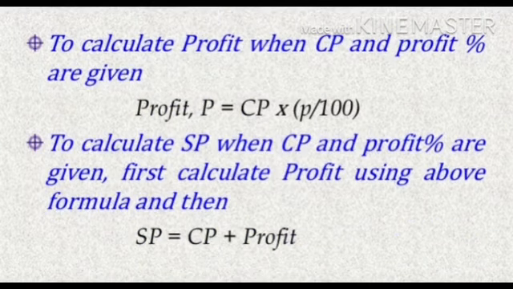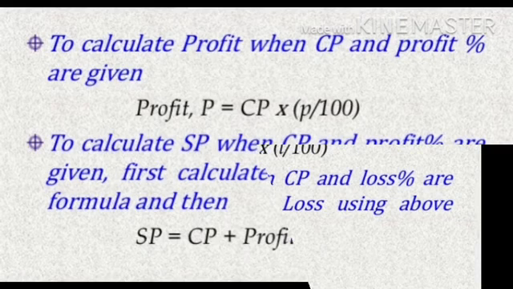To calculate profit when CP and profit percent are given, profit P is equal to CP multiplied by P upon 100, or P multiplied by CP upon 100. To calculate the selling price when CP and profit percent are given, first calculate the profit using the formula above, and then SP is equal to CP plus profit.